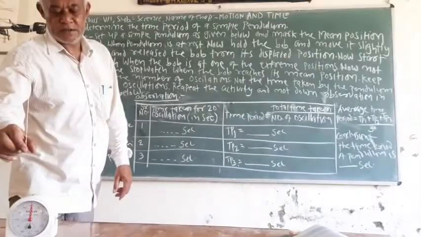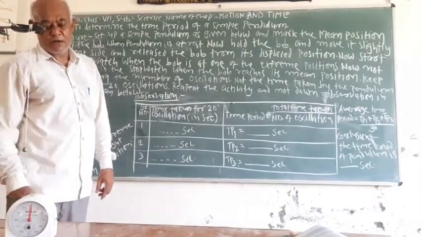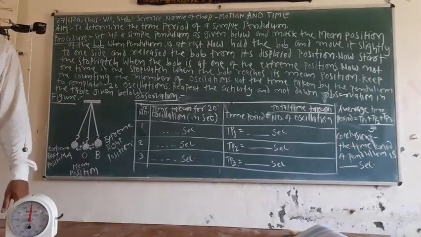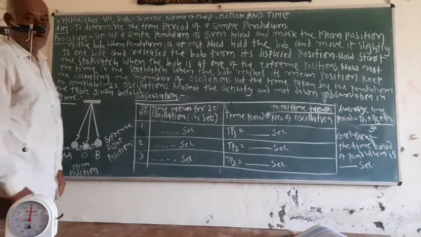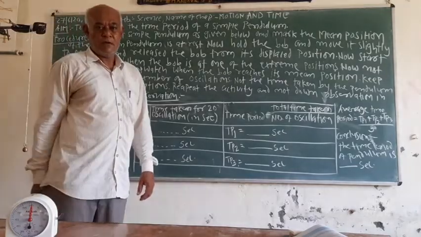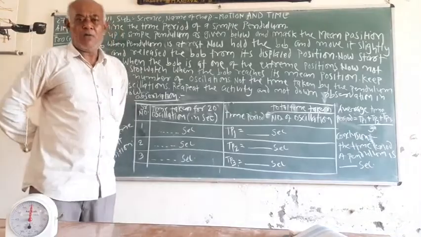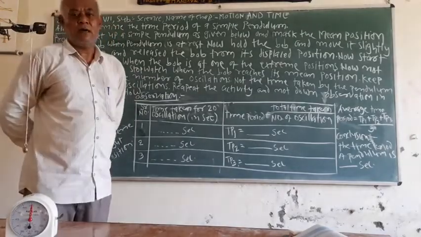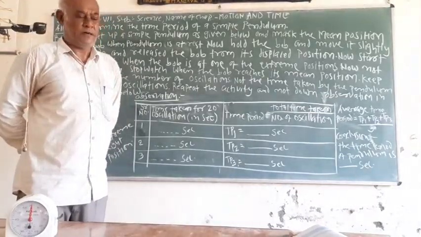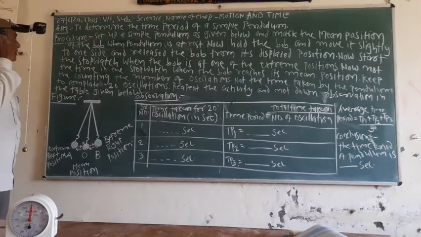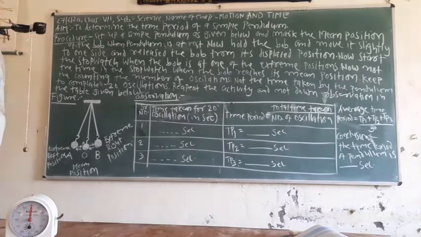So this is the simple pendulum. Now, how can we determine the time period of this pendulum? Today we learn how we can determine the time period. So the activity is aimed to determine the time period of a simple pendulum.